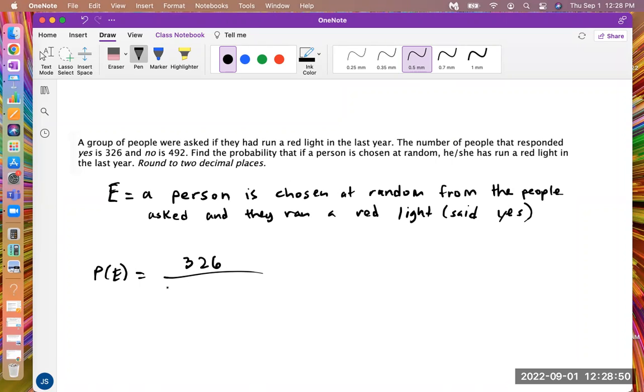And then the number on the bottom is the number of total outcomes that could possibly happen.